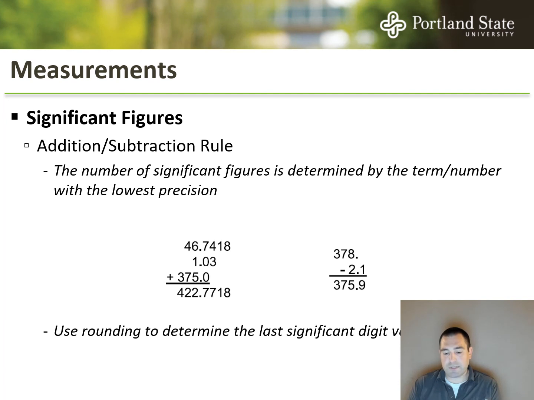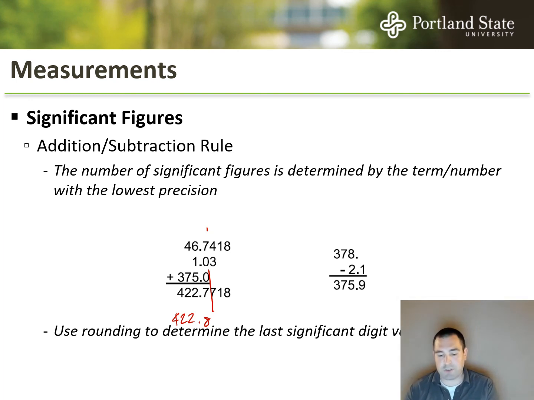The least precise number has a digit in the tenths, and therefore I'm going to cut off my final answer to be in the tenths. However, I would use rounding here as well, and so we would represent the final answer as 422.8, because 0.77 would round up to 0.8.